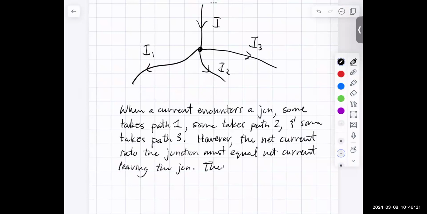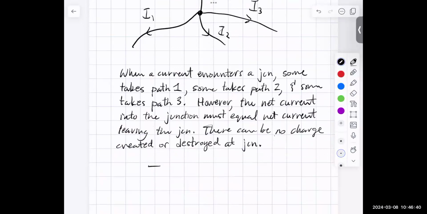So there can be no charge created or destroyed at the junction. And so, whereas the voltage loop rule was a statement of conservation of energy, this junction rule is a statement of conservation of charge.